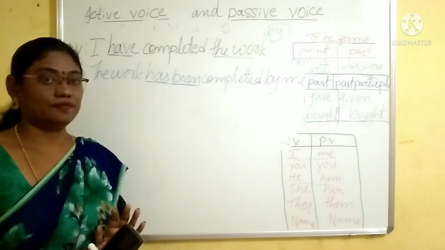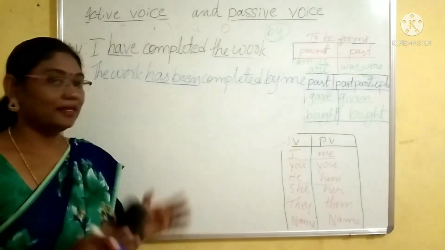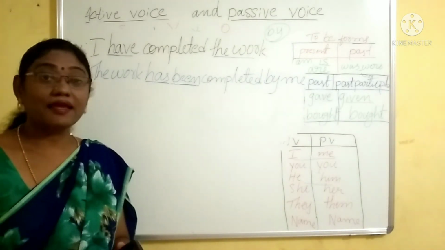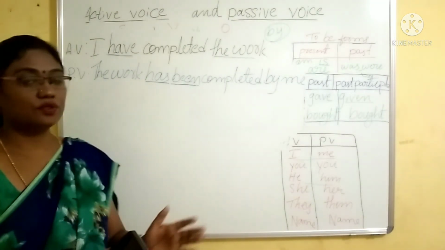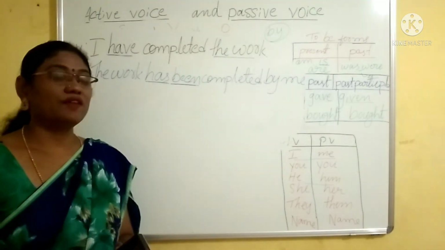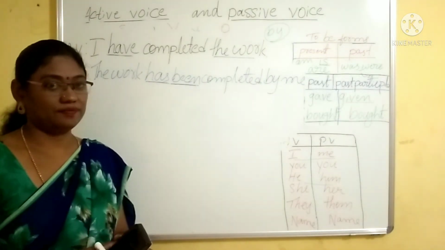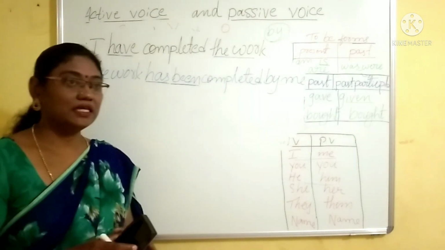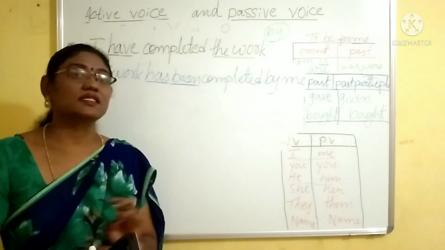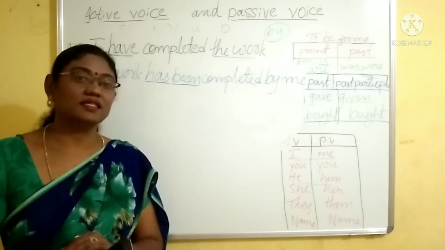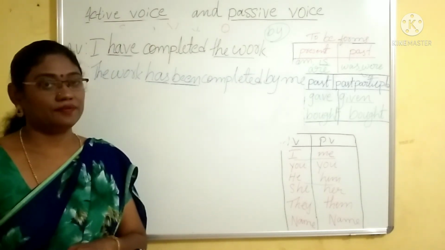See, this is the passive voice. So today in this class, I explained the steps to be followed when we change the active voice into passive voice. I have taken three types of tenses: present simple tense, present continuous tense, and present perfect tense.